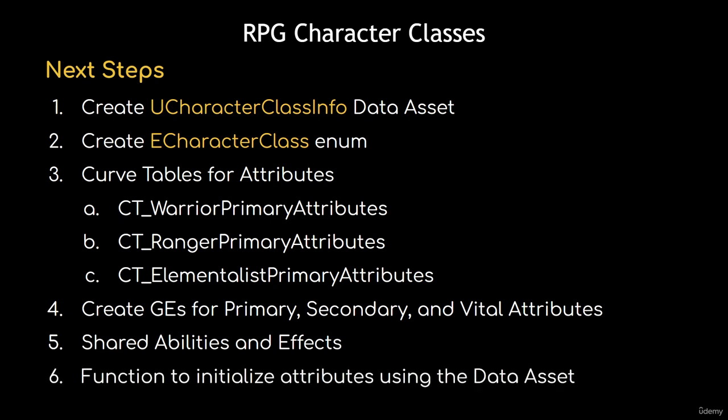And finally, we need a function to call that can take in the data asset, and then initialize these attributes using that data asset. This function could be on our Aura Ability System library, and it can take in the data asset, the ability system component, and the character's level, and it can apply all of the initial gameplay effects to initialize the character's attributes.